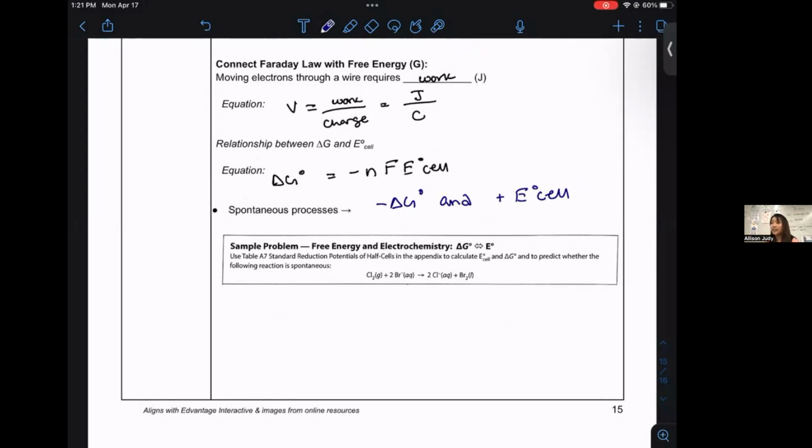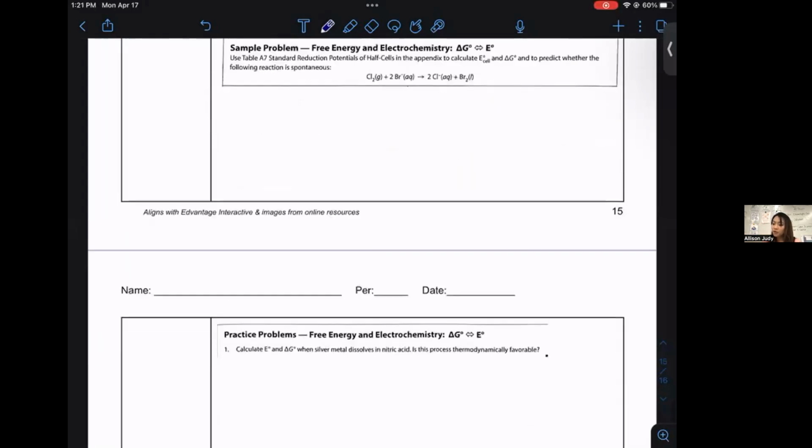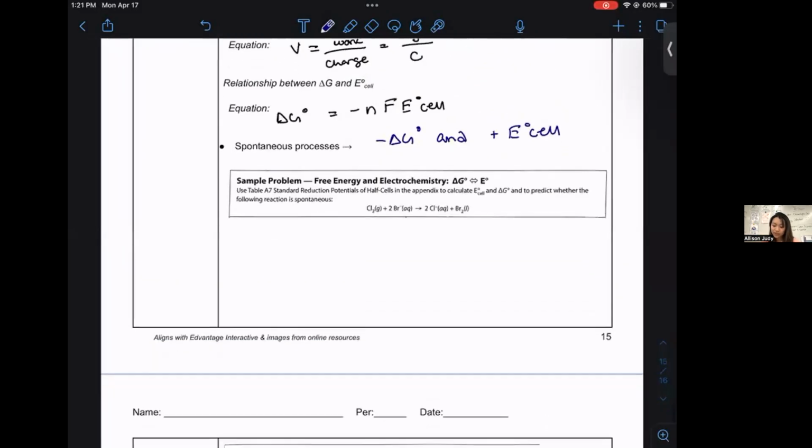You don't have the Ln, you don't have that it's in equilibrium, you don't have the concentration values. You just have E naught cell, Faraday's constant, and moles of electrons being transferred. This way you can calculate it now with even less information. It's just another equation, so this is pretty much plug and chug.